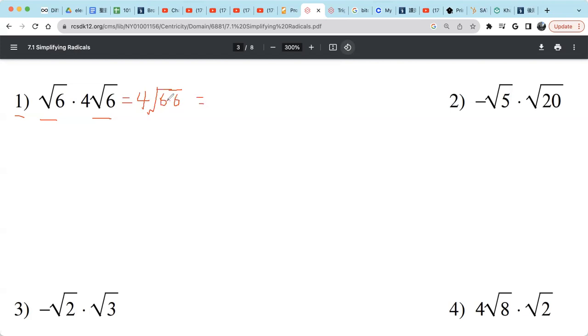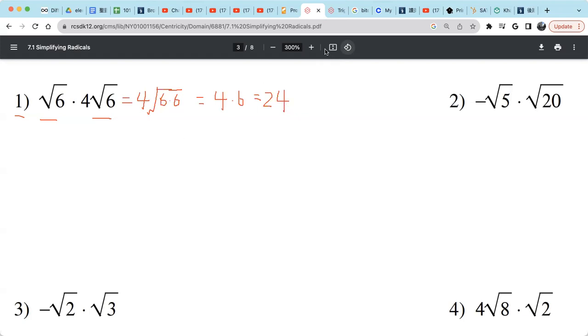We can also think of 6 times 6 as 6 squared, and the square root of 6 squared is just 6, because square and square root cancel each other. So we get 4 times 6, which is 24. The answer for the first one is 24.